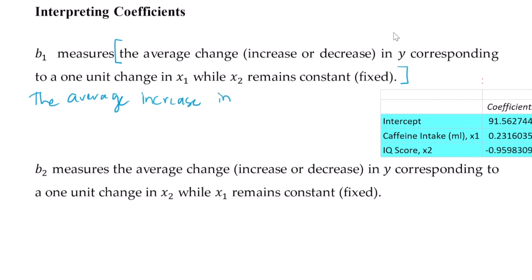So Y was our reaction time. The average increase in reaction time corresponding to a 1 unit change in X1.